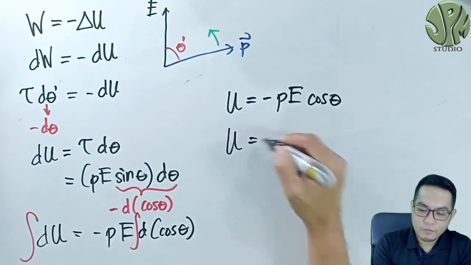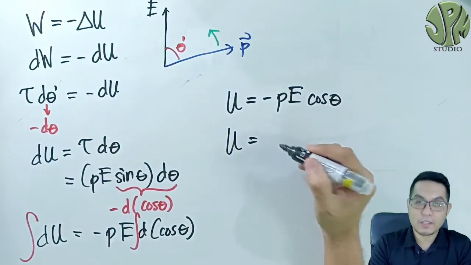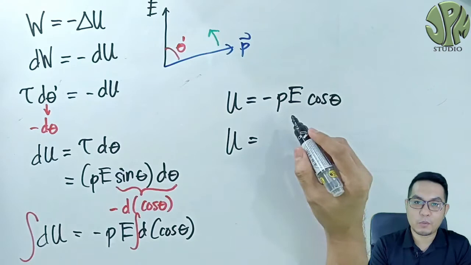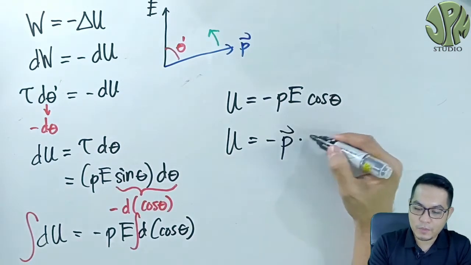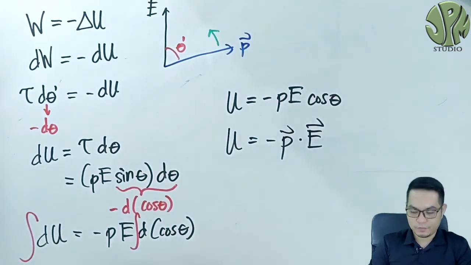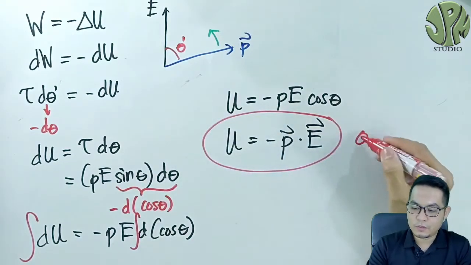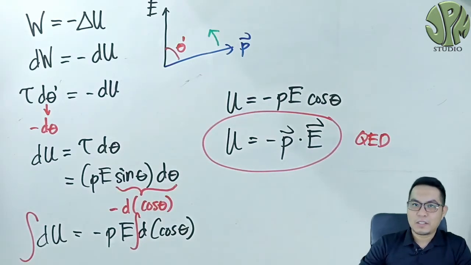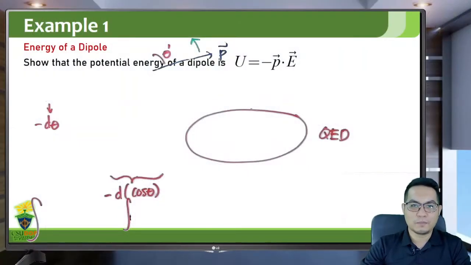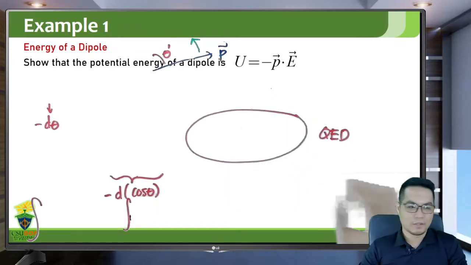And PE cosine theta is just the definition of the dot product between the P vector and the E vector. So this is just negative P dot E, which is what we are trying to show. So QED, as the mathematician says, quite easily done. Okay, so that is the answer to our problem. Show that U is negative P dot E.